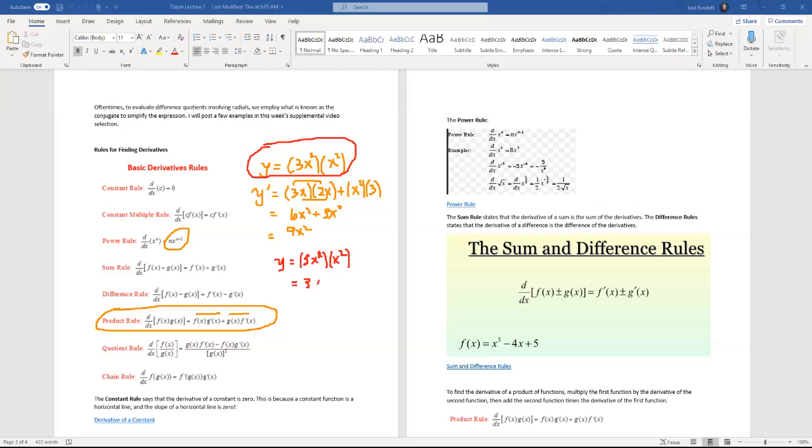Multiply these two together, so that's going to be 3x to the power of 3. I got 3 because when you multiply, you add your exponents together, and 1 plus 2 is 3. And then I would just simply use the constant multiple rule, and I would multiply 3 times 3. In other words, I would bring the exponent down. 3 times 3 would give you 9. And the power rule says that I would write the x, and then I would have a power of 3 minus 1, which is 2. Notice that we get the exact same answer here.